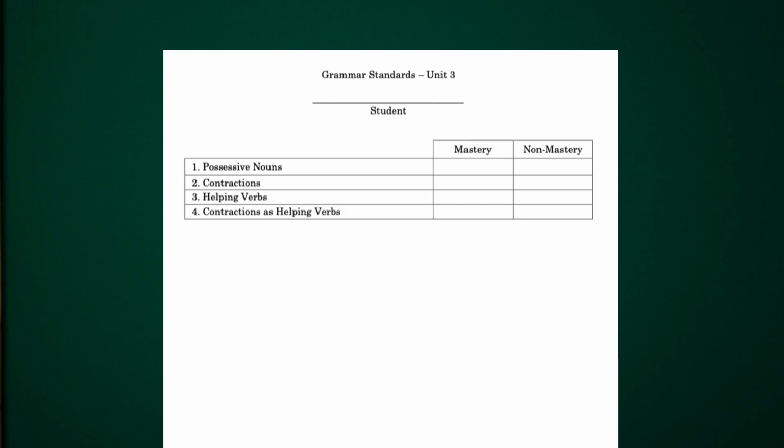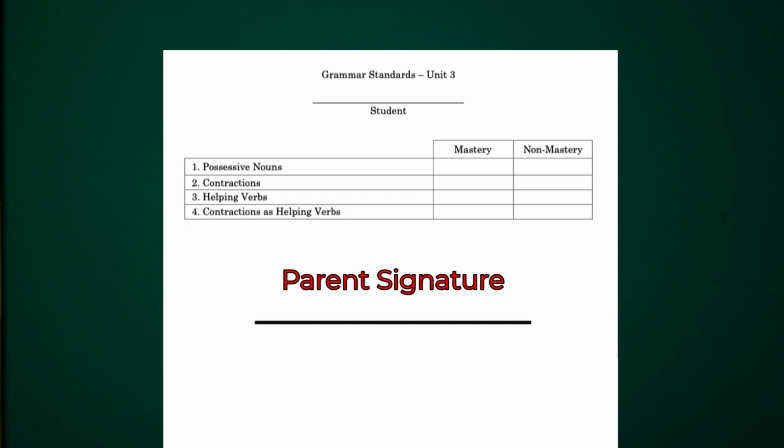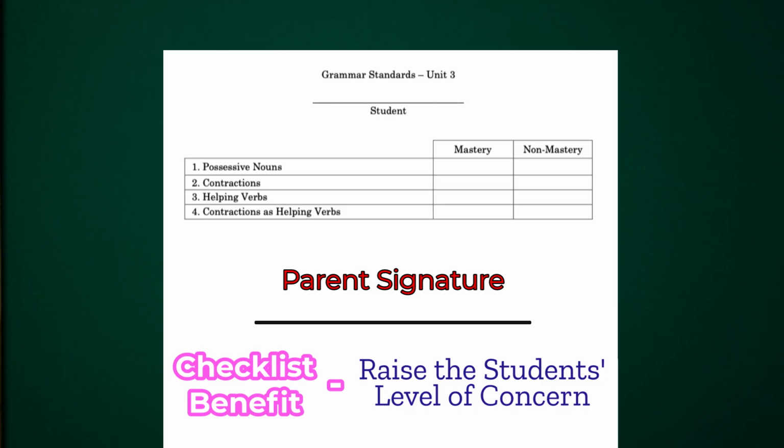So not only does this help the students get familiar with the new terms, it also serves as a reminder that when the test is finished, they are going to take this checklist home and get a parent's signature. So it does raise the student's level of concern right away because after a unit or two, the students are going to see this paper and go, oh, this is the one that's going to get my parent's signature, so I better really pay attention to these lessons.